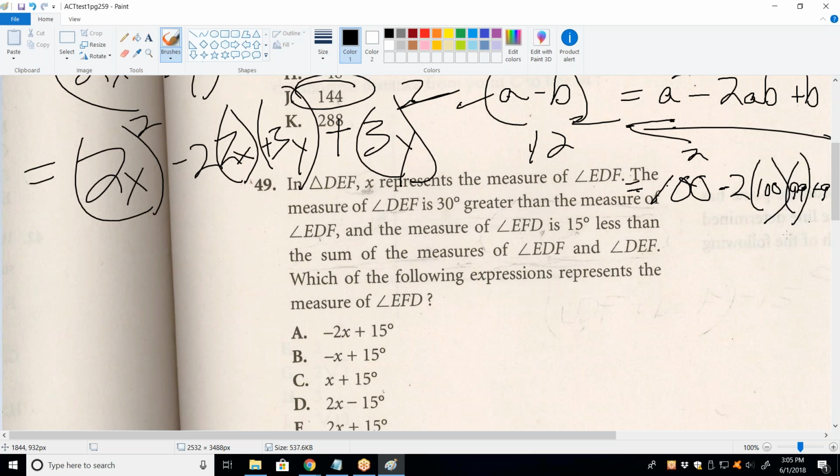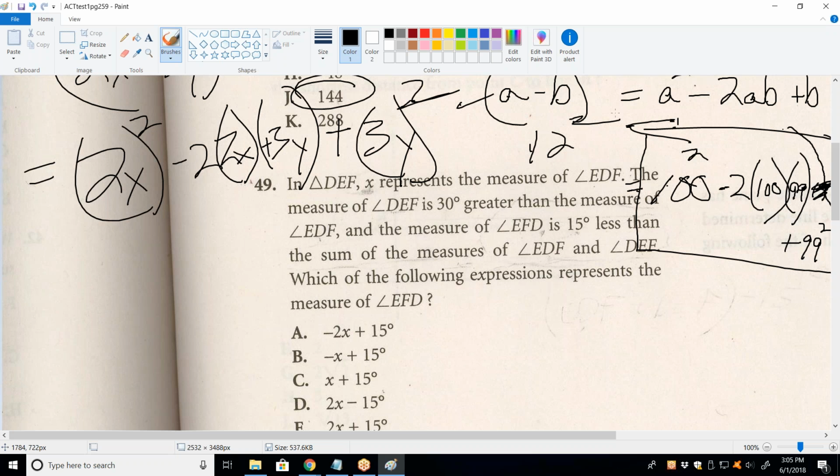That last term is plus 99 squared. Okay? So there's our expression. Now, even with a calculator, that's going to be hard for you to do. You could do it with a calculator. But what if I said you can't use a calculator on this? Then I would have to figure it out.